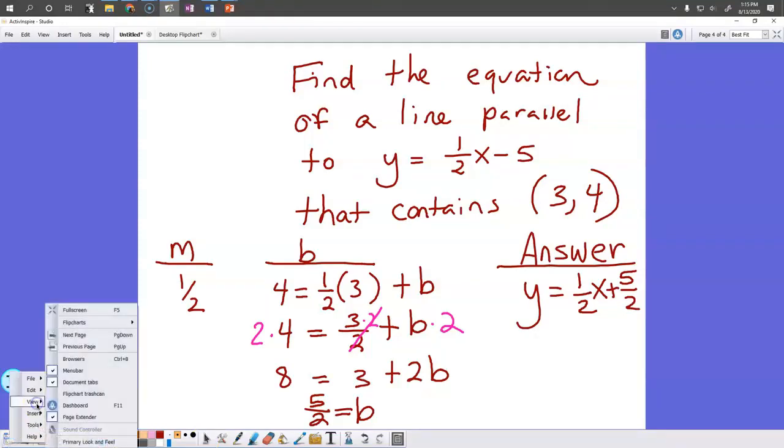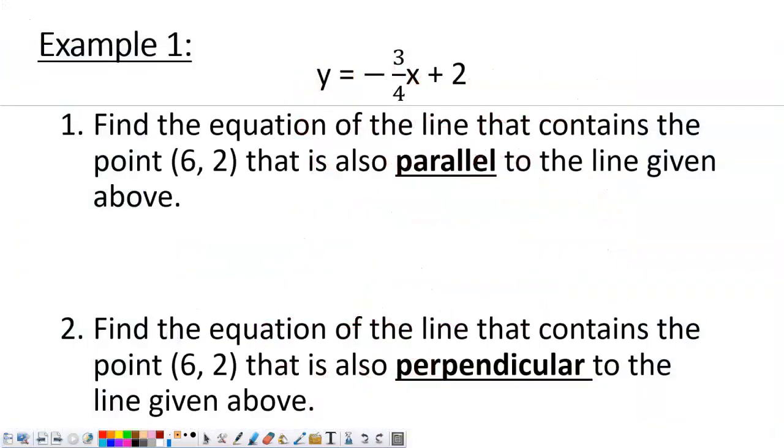Back to our regular lesson there. Okay, so this time we're going to do something very similar to the last one that I did, but this time it's going to be perpendicular instead.